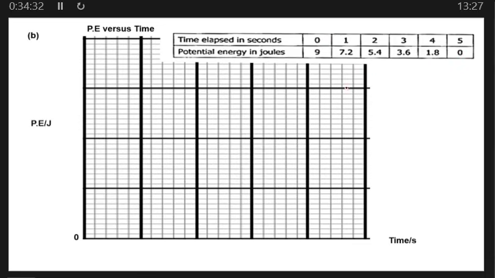So now what we are going to do is plot the values. On the vertical axis, we should put values that ensure they accommodate these values here, and they are starting from 0 and ending at 9. So what I did, I said this one will be 2, 4, 6, 8.